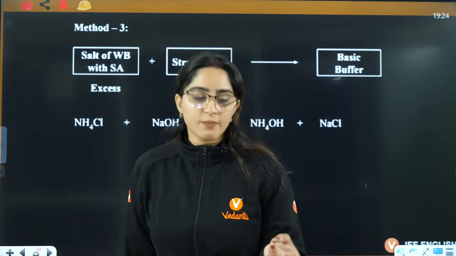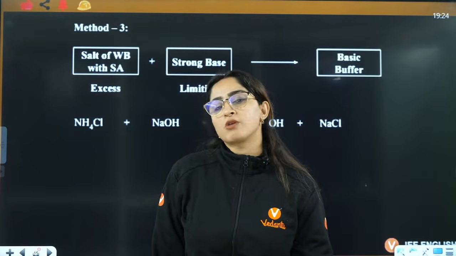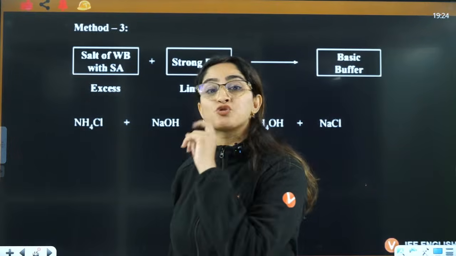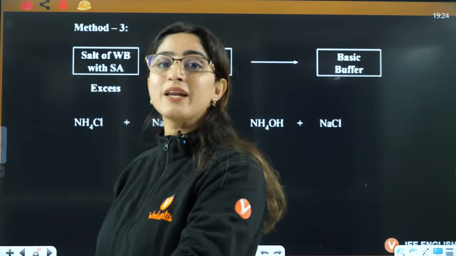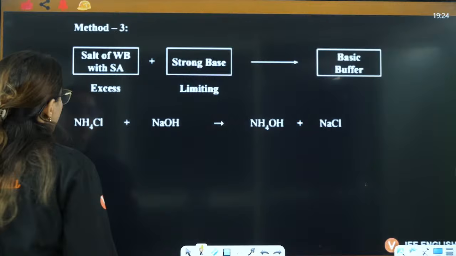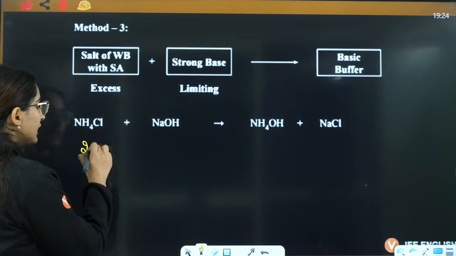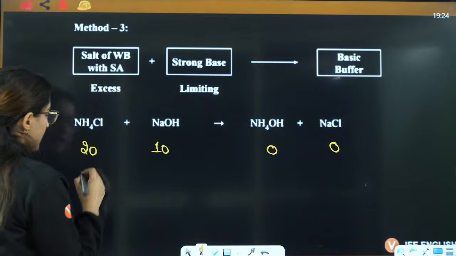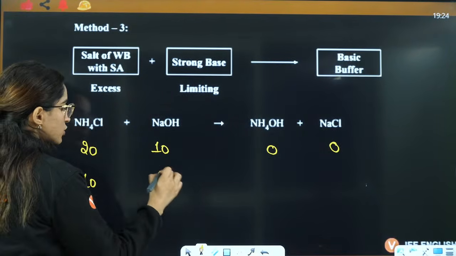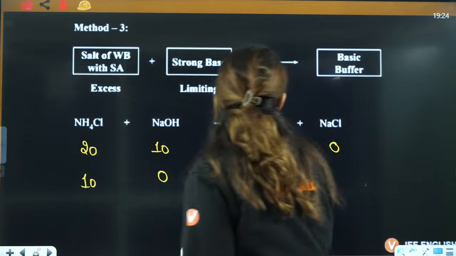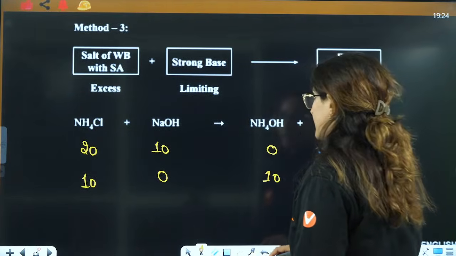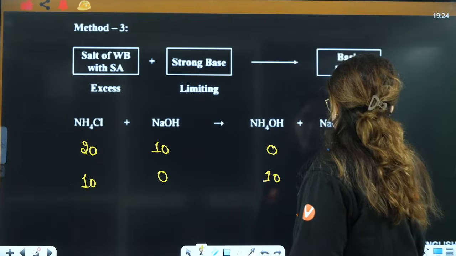For a basic buffer, what we know is weak base and salt of weak base with strong acid. Instead of weak base, you take strong base. But here, which one should be in excess? The salt should be in excess. So here this is 20, this is 10, this is 0, this is 0, right? Then 10 will be left behind, 0, and 10 will be formed here, and this will be 0. Sorry, this will be 10.